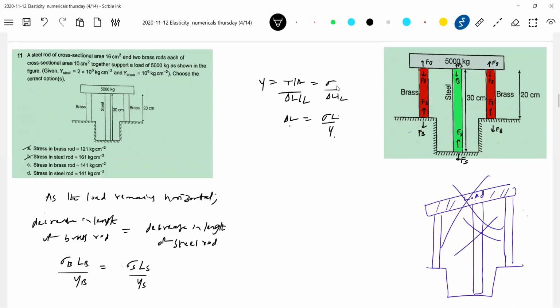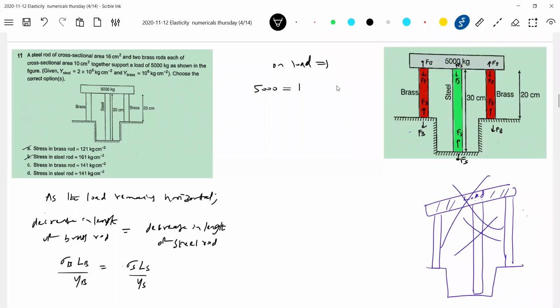So now look at the load. Who will balance the weight of the load at equilibrium? On the load, the load supported is 500, so this is 500 Newton.